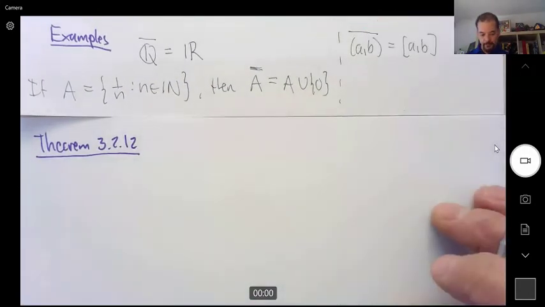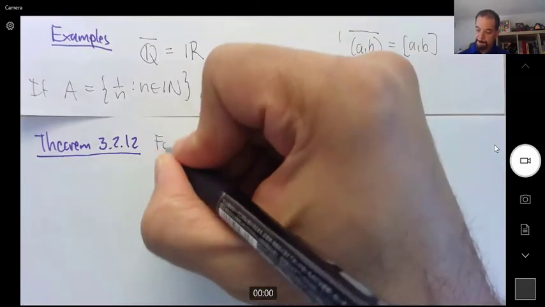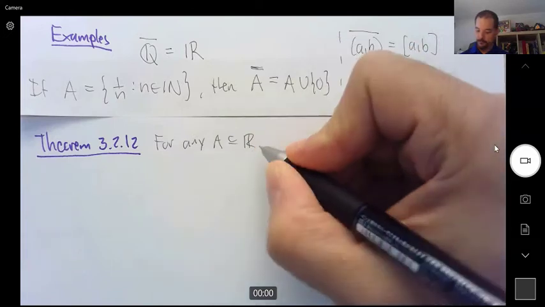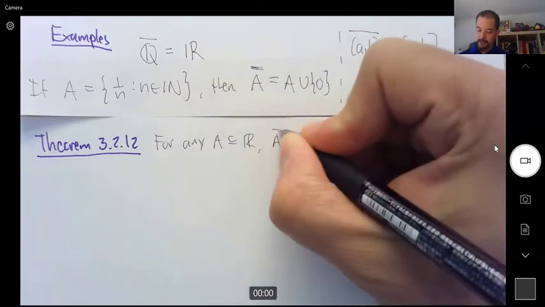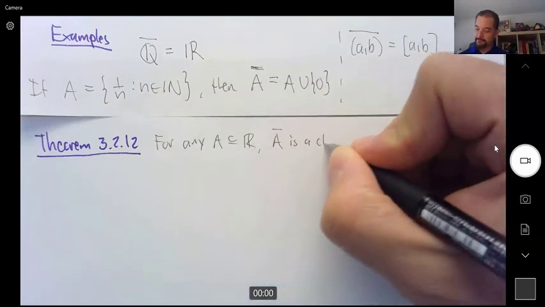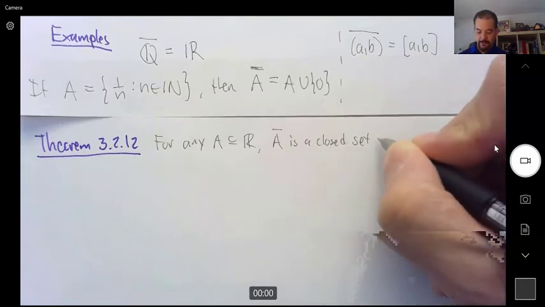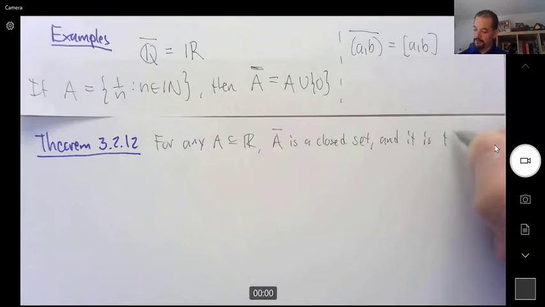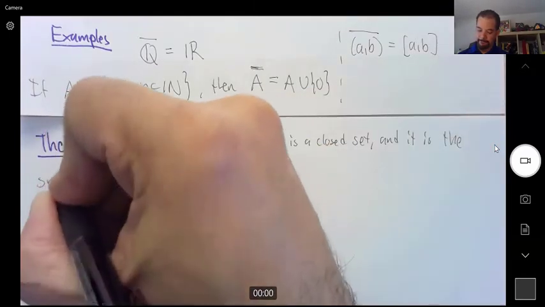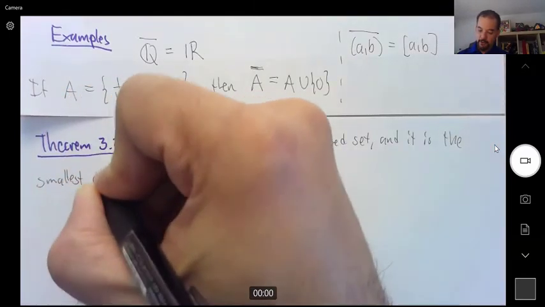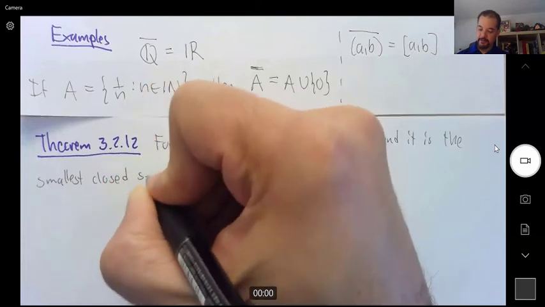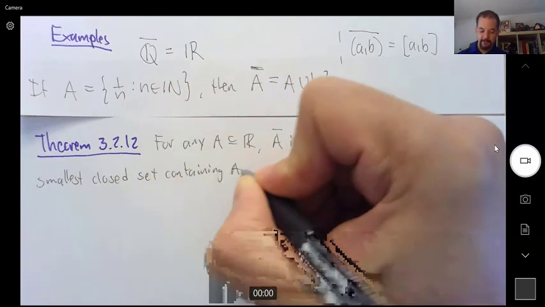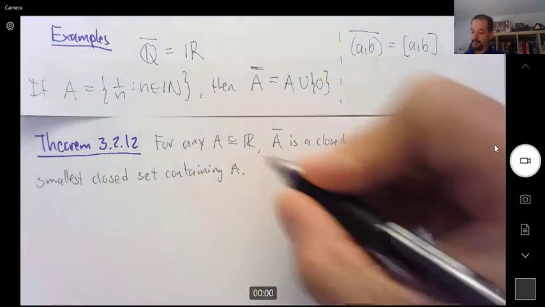So here's the theorem. For any A, a subset of the real numbers, A closure (A with a bar) is a closed set, and it is the smallest closed set containing A. What do I mean by that?